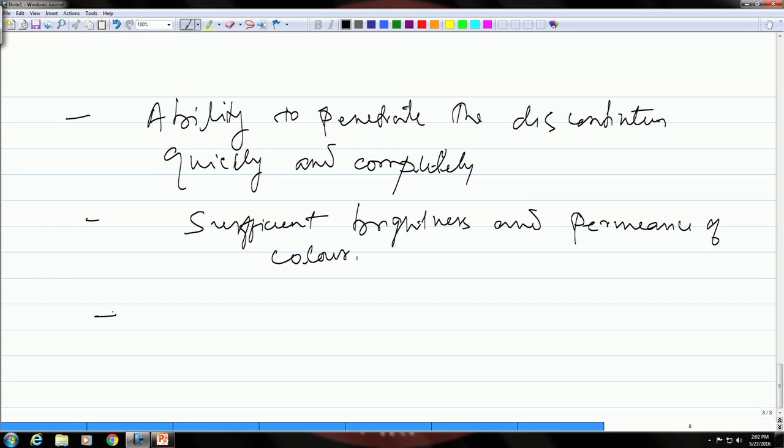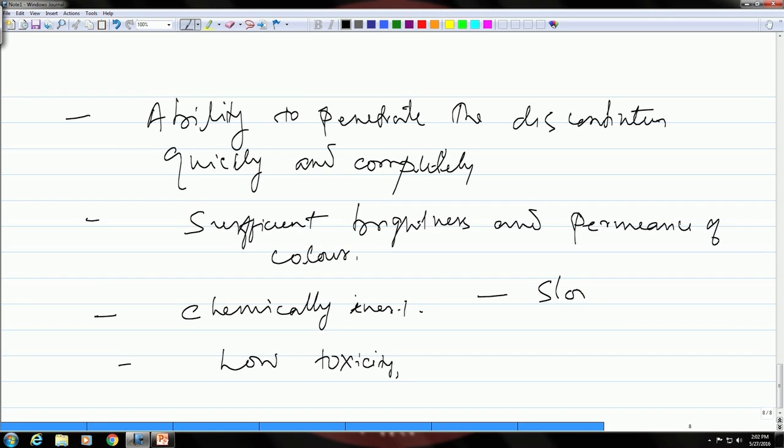Next, it should be chemically inert. It should not react with the surface that you are examining. It should also not be toxic. It should not evaporate quickly, so it should have slow drying property.